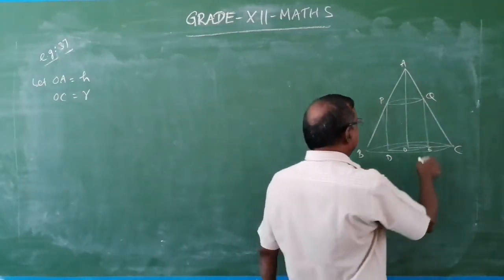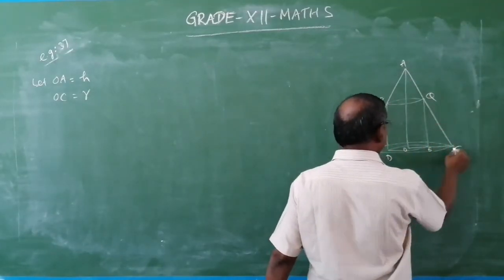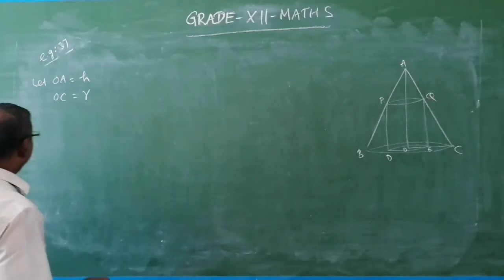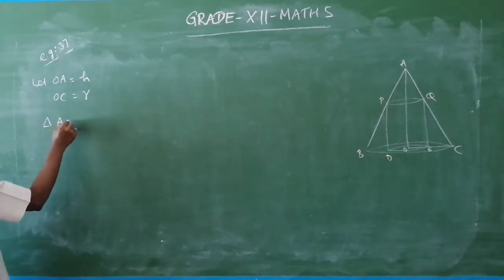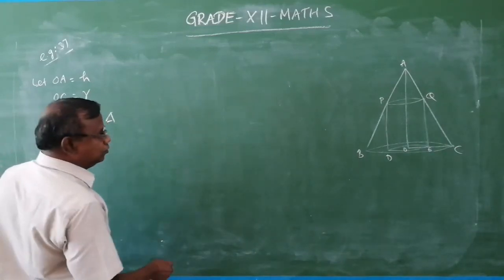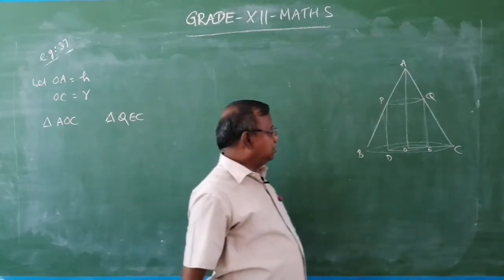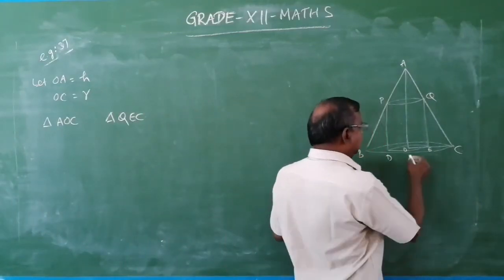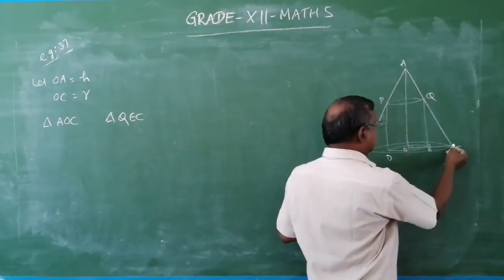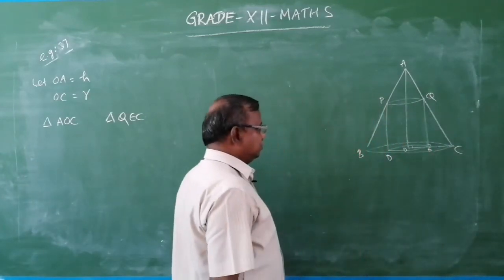Consider these two triangles AOC and QEC. These two are similar because the angle at C is common. So, by AA similarity these two are similar to each other.